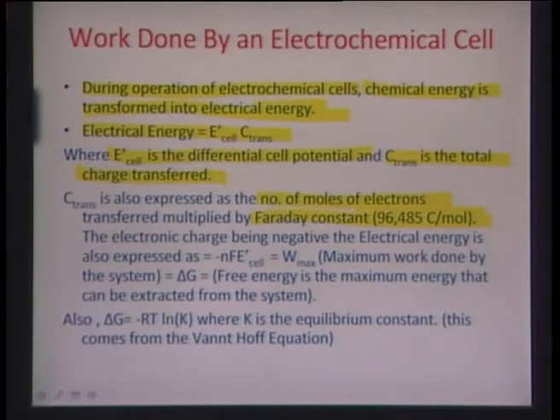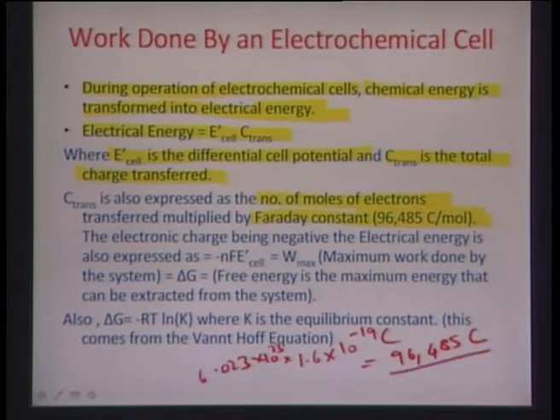The electronic charge is around 1.6 times 10 to the power of minus 19 coulomb, and if you multiply this with 1 mole, the Avogadro number, 6.023 times 10 to the power of 23, you get 96,485 coulomb. So this value is the charge for 1 mole of electrons.